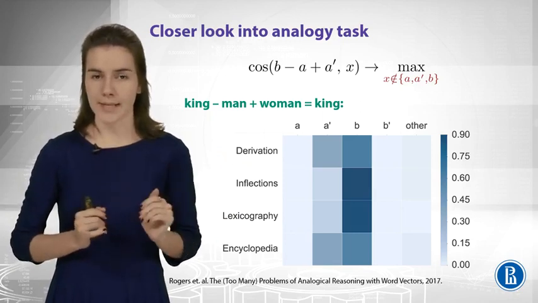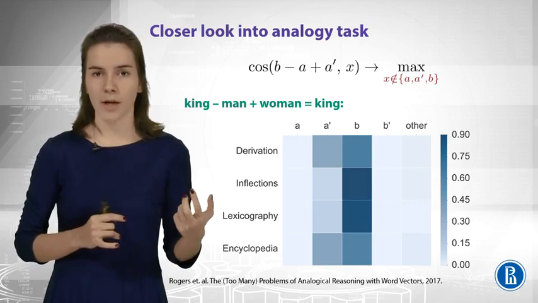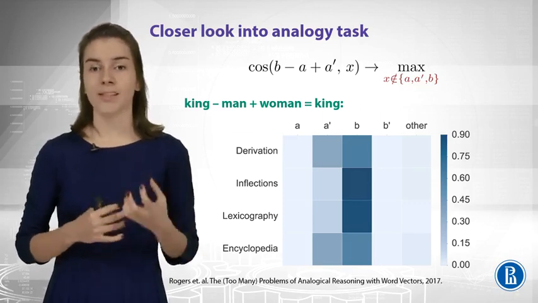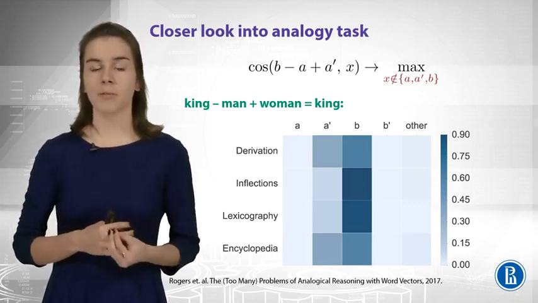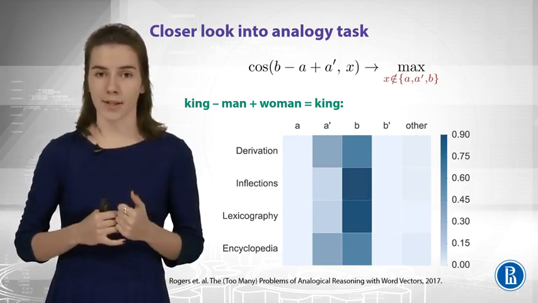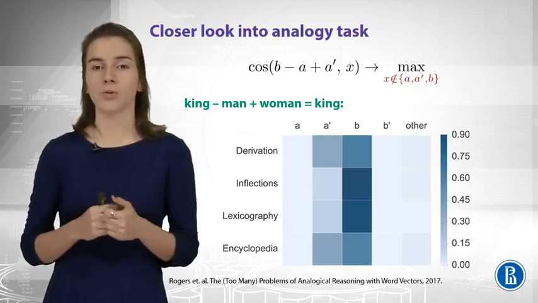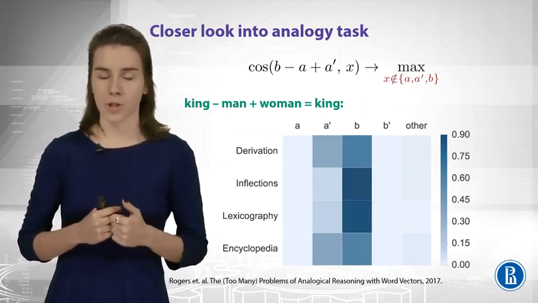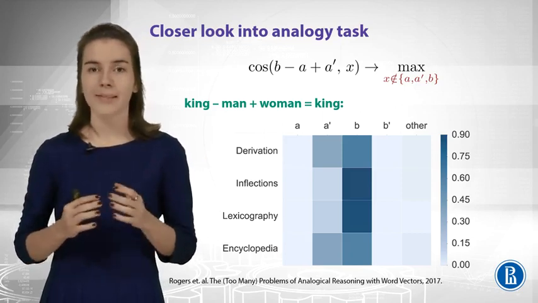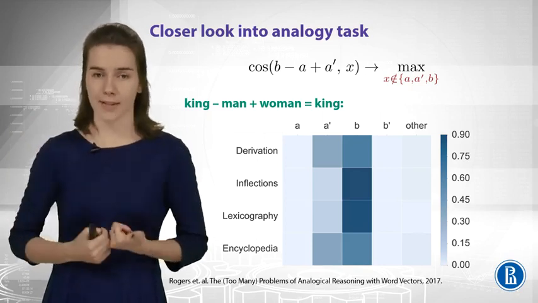So what we see is that when we do king minus man plus woman, we get some vector, and in most cases, it will be close to the B vector, which is king here. Also, in some cases, it can be close to the A prime vector, which is woman here, but never to the B prime vector, which is our target queen vector.